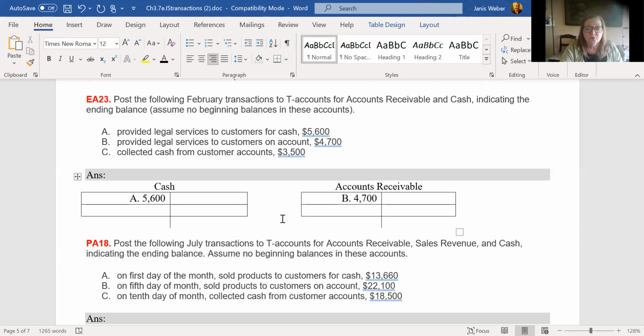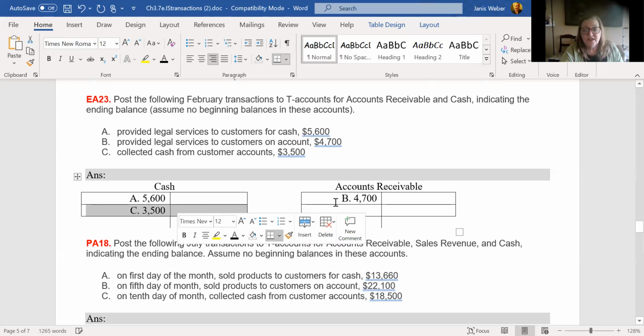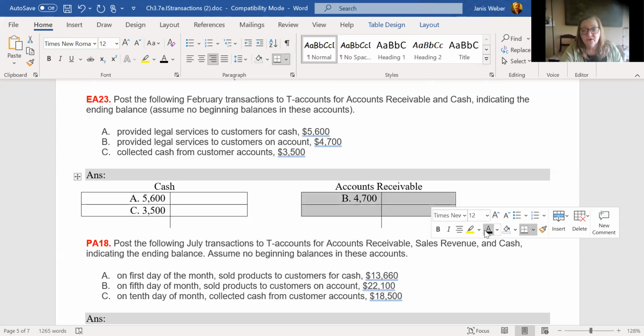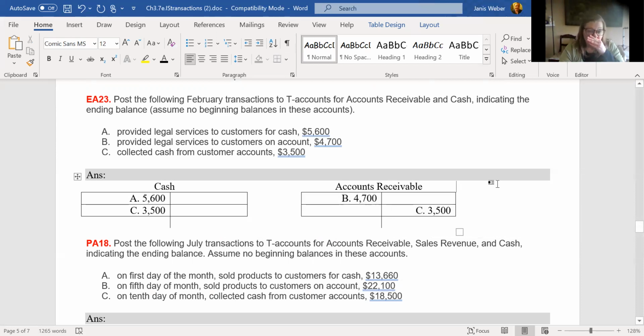So then C shows us where we collected some of the cash from the customer. That means we increased cash, and it means we decreased the accounts receivable by $3,500. If we collect cash from customer accounts, we decrease our accounts receivable. So then we could just see what is the ending result of this by tallying up.